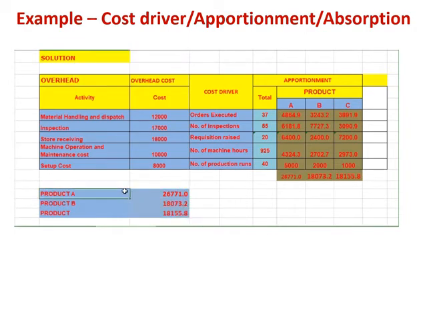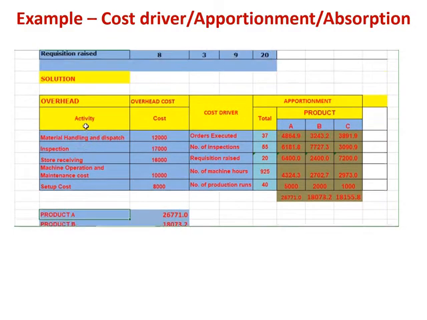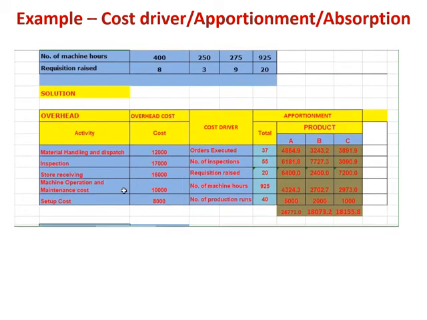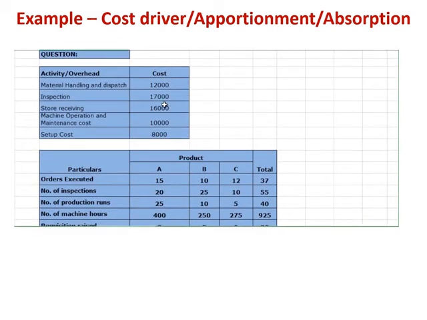So this is the apportioned cost. Now you have got the total overheads divided for the three products. Earlier you had the overheads, you had certain particulars regarding A, B, and C. Now you have apportioned this cost.